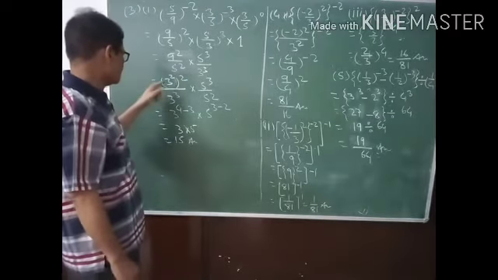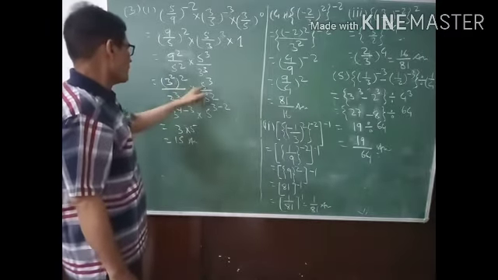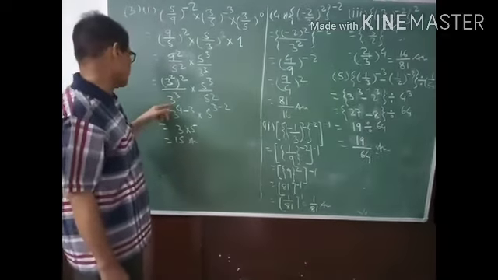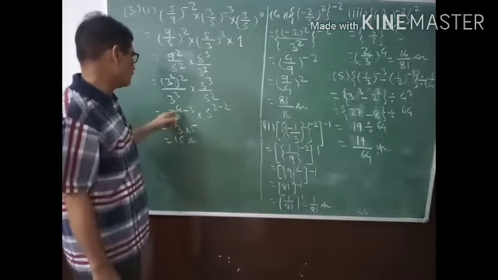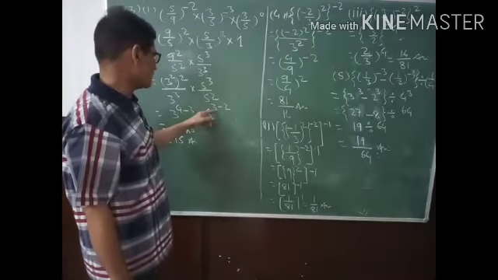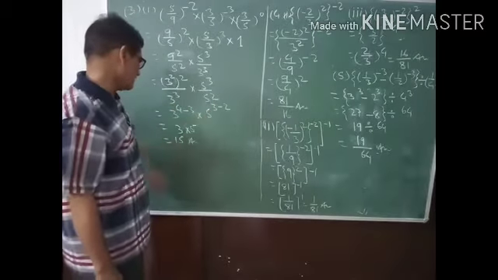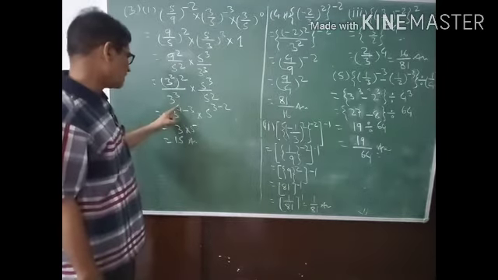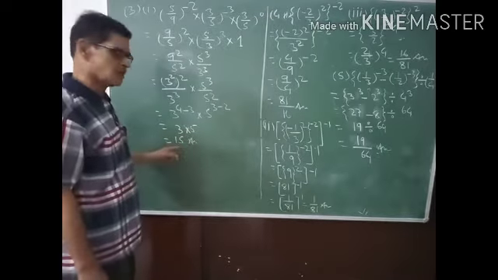Now this will become 3 to the 4, and this is in division. You know in division the exponents are subtracted. So this will become 4 minus 3, and here 5 to the power 3 minus 2. This will become 3 to the power 1, 5 to the power 1. You can write here 3 into 5, this will become 15.